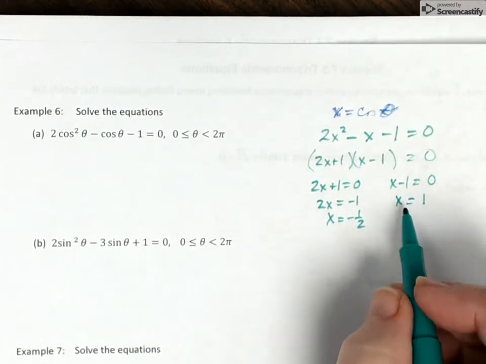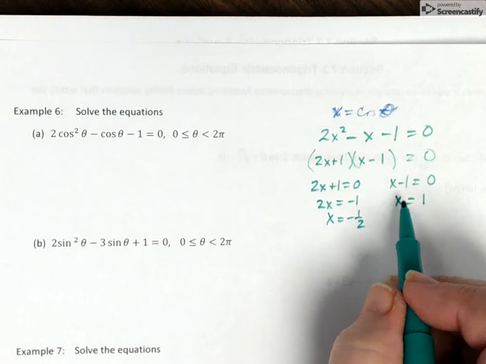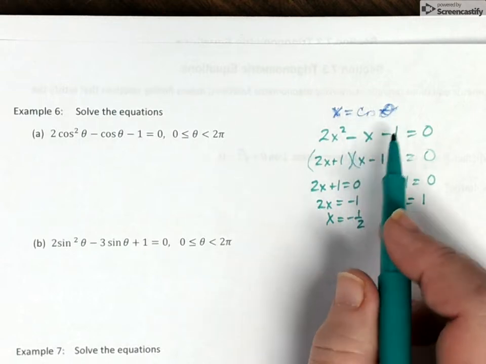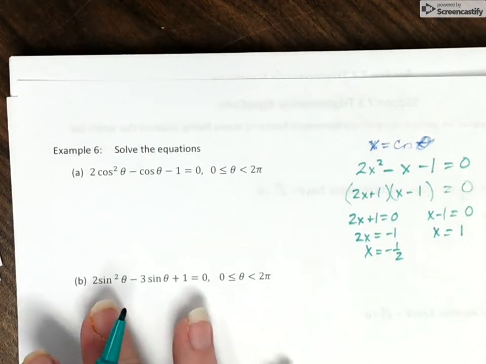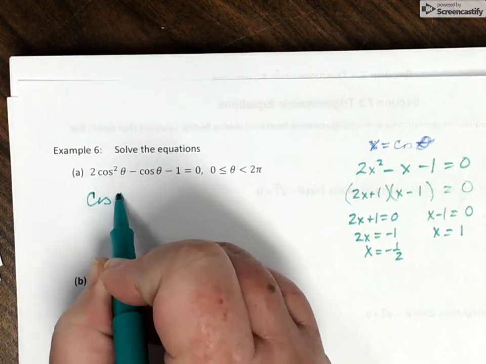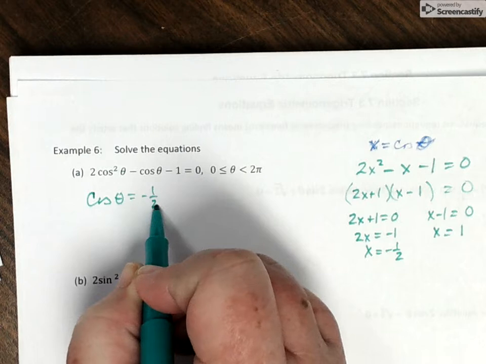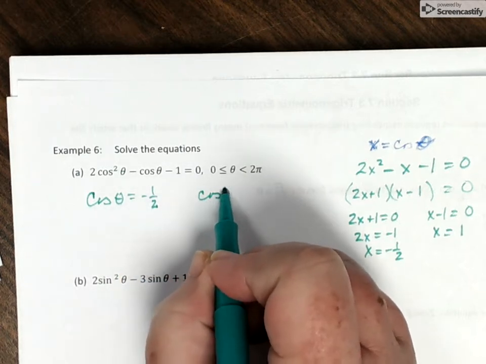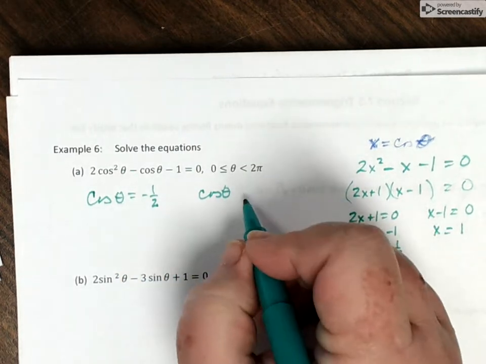x equals 1. Well, I did all the factoring and solving, but I still haven't dealt with the fact that x is cosine of theta. So I'm going to come back over here and write that as cosine of theta equals negative 1/2, and cosine of theta from this one equals 1.